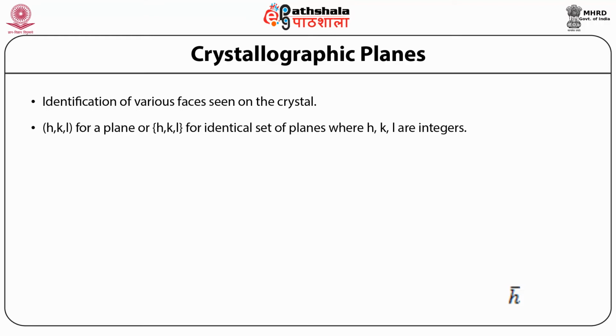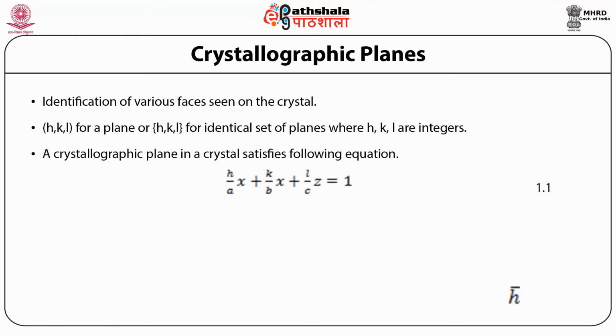where h, k, l are integers. The crystallographic plane in a crystal satisfies the following equation: h/a times x plus k/b times y plus l/c times z is equal to 1.